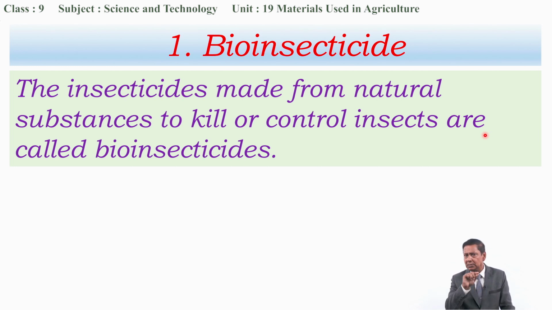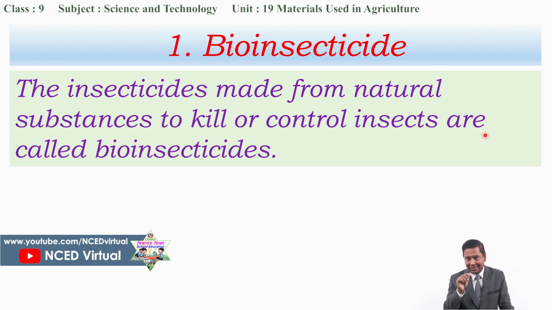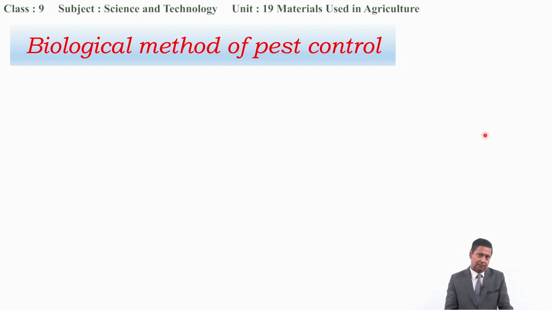But there is another method also, the biological method of pest control, which is not given in our book, but I want to mention this. There are some insects, some bacteria, some selective birds. They can be used in the field to control the harmful insects which harm the crop.